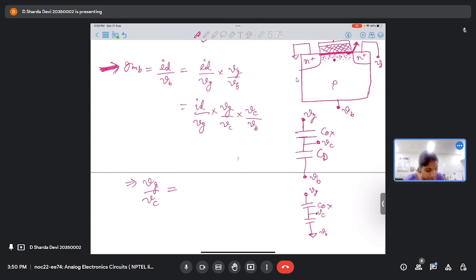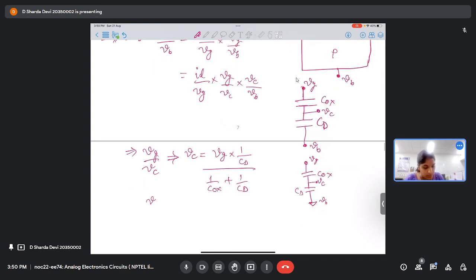Vc is equal to Vg into 1 by Cd upon 1 by Cox plus 1 by Cd, which is Vg upon 1 plus Cd by Cox.